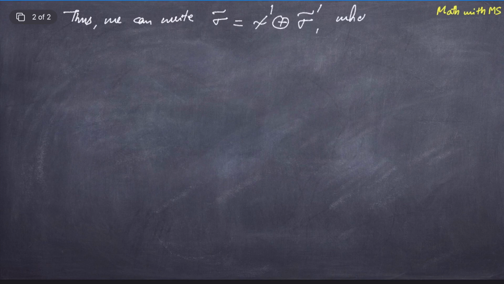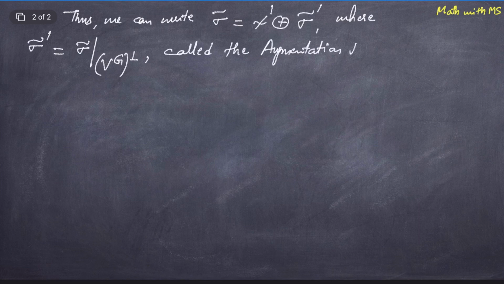Thus, we can write the permutation representation sigma tilde as the trivial representation, or the trivial character, direct sum with the restriction of sigma tilde on V^G perp, and we denote it by sigma tilde prime, where sigma tilde prime is simply sigma tilde restricted to V^G perp, called the augmentation representation of sigma.